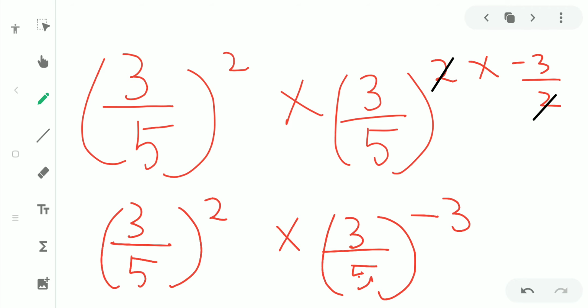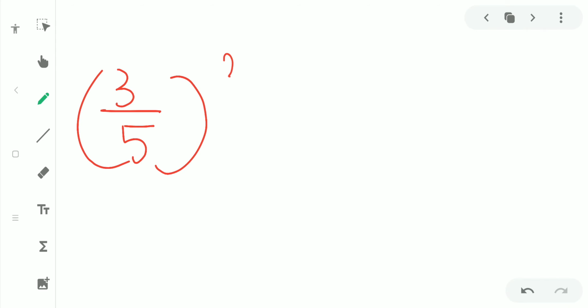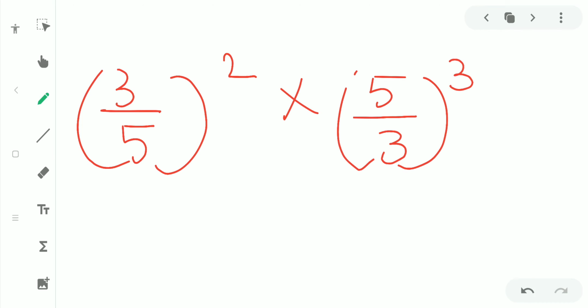Now in order to cancel this minus, we need to do the reciprocal of the base, that is 3 by 5 will become 5 by 3 whole cube. We will have 3 by 5 whole square multiplied with, on reciprocating, 5 by 3 whole cube.